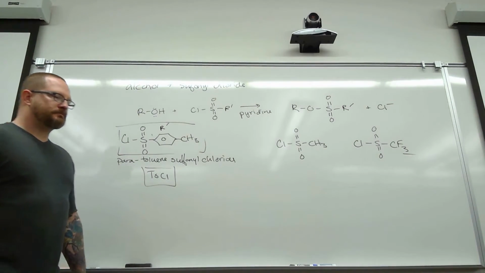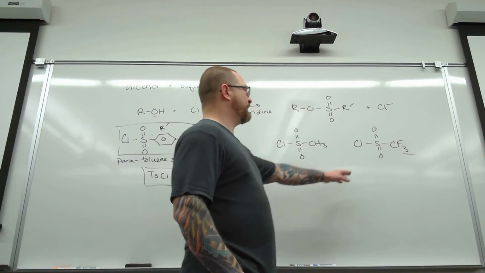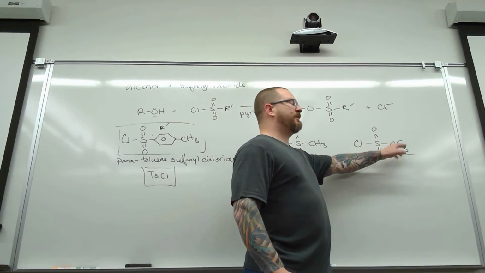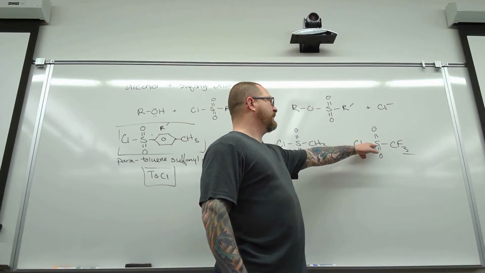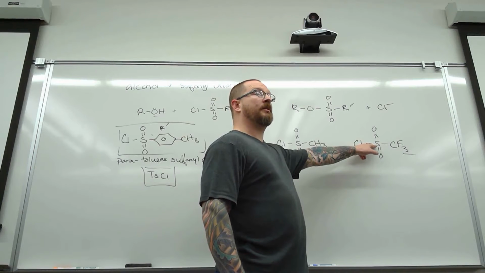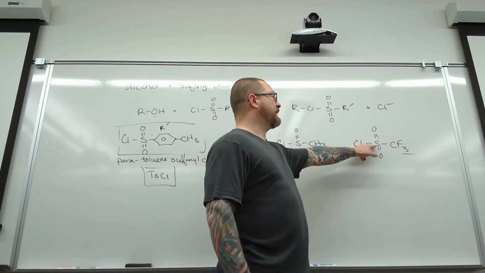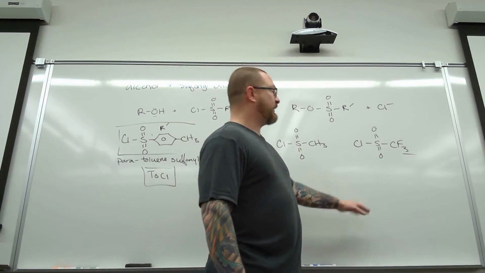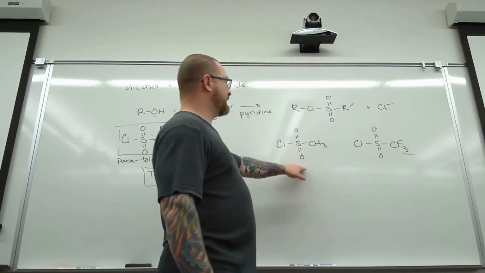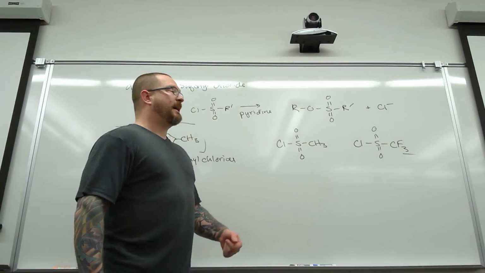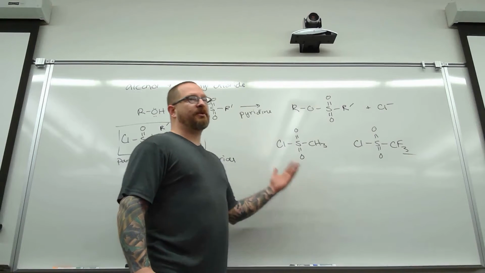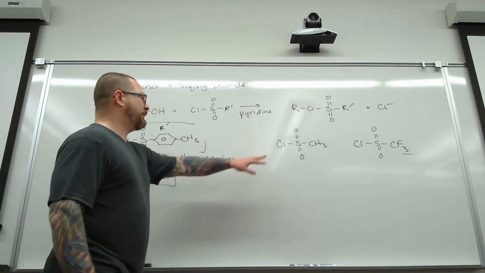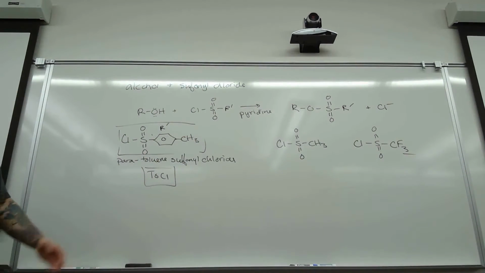You can imagine that, because of the electron-withdrawing capacity of these fluorines, this will reduce the electron density on the sulfur, which makes it a better target for nucleophilic attack. So this can be a little more effective than this, probably. However, it's more expensive. I've never used these two. I've used this one a couple times, and I've seen tosylates used more in the literature than these other two variations.